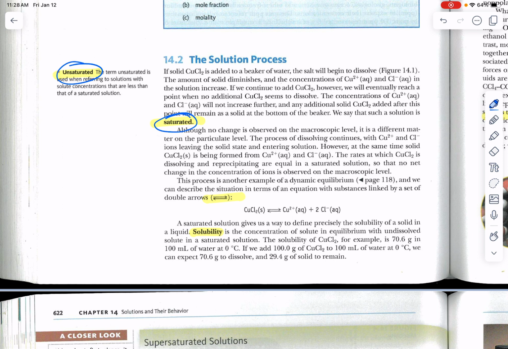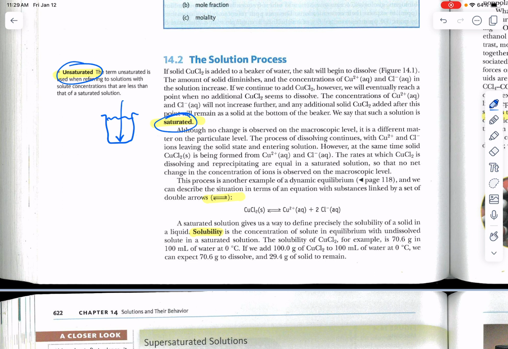And this would be different at different temperatures, of course. And how much it takes to saturate a solution depends upon what the solute is, and it also depends upon what the solvent is. But at the saturation point, what would happen is the next bit of solute you add would go right down to the bottom of the beaker because there's no more room in the solution for it to dissolve.